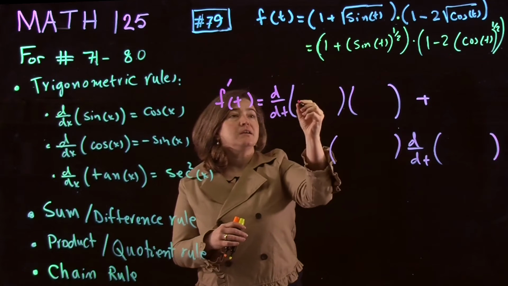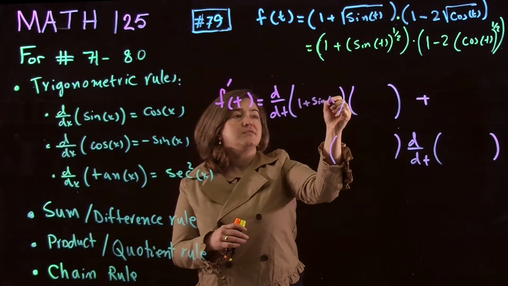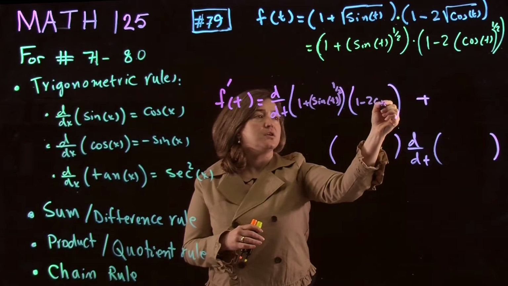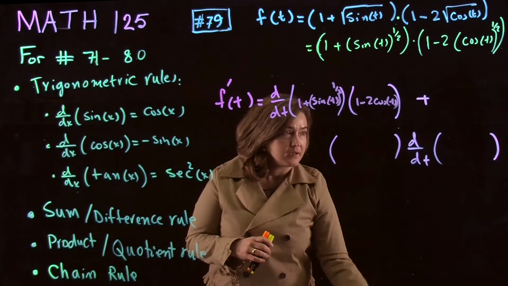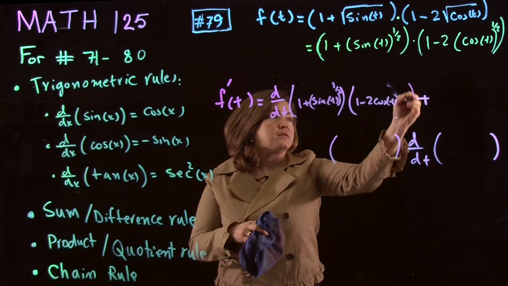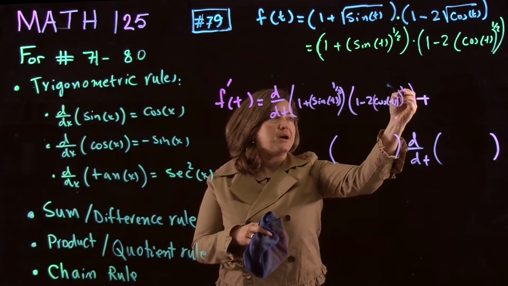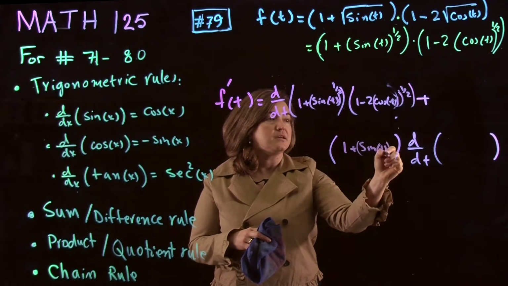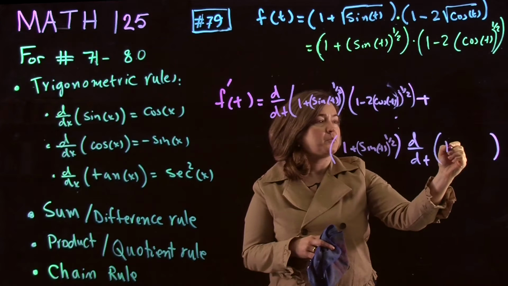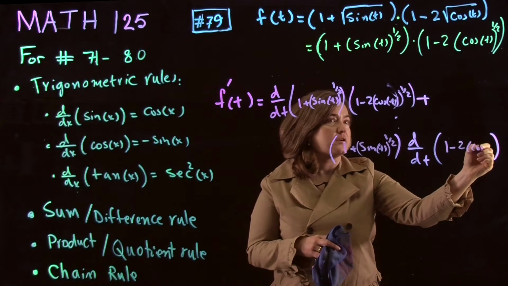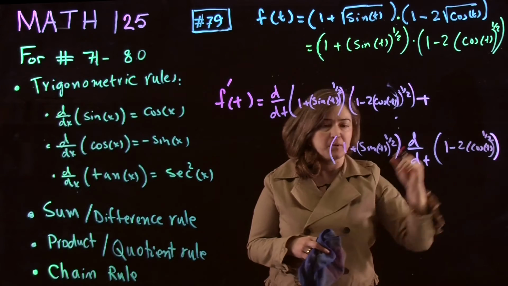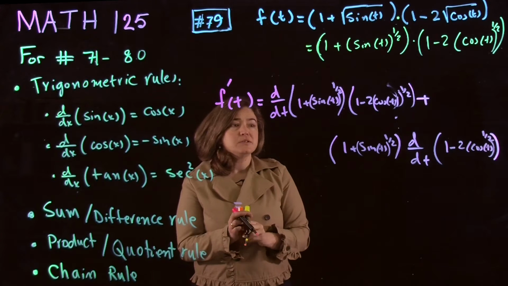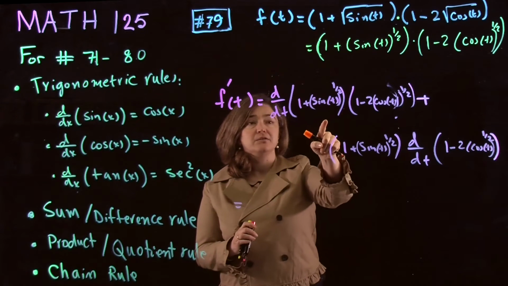So that would be derivative of (1 plus sine of t to power 1/2) times (1 minus 2 cosine of t to power 1/2), plus (1 plus sine of t to power 1/2) times derivative of (1 minus 2 cosine of t to power 1/2). The next step is to replace everywhere that you see the derivative with its value.